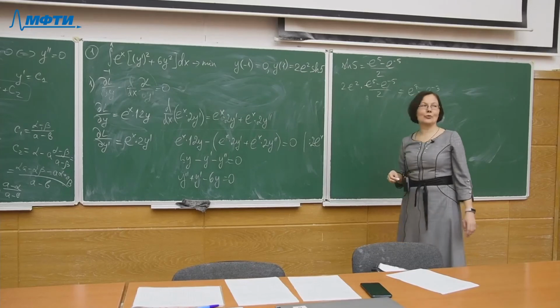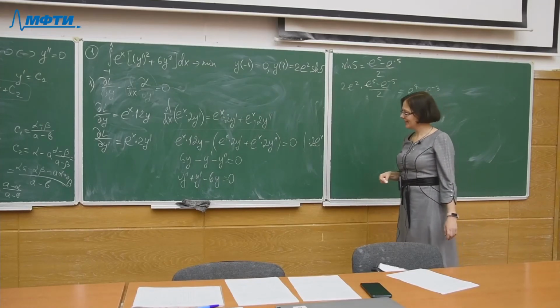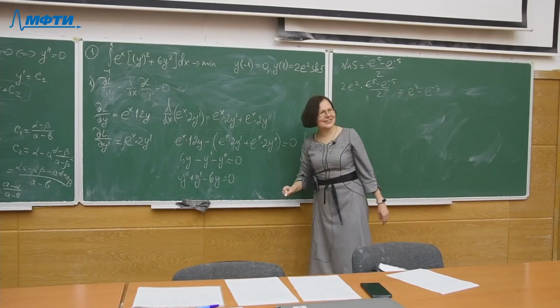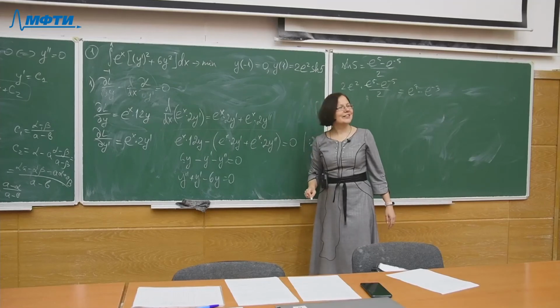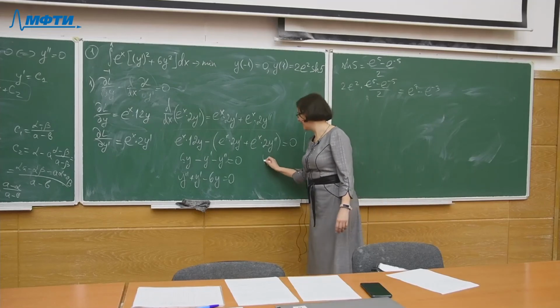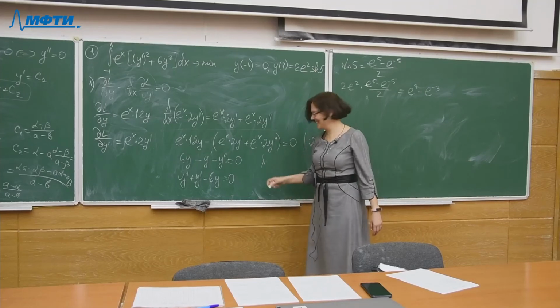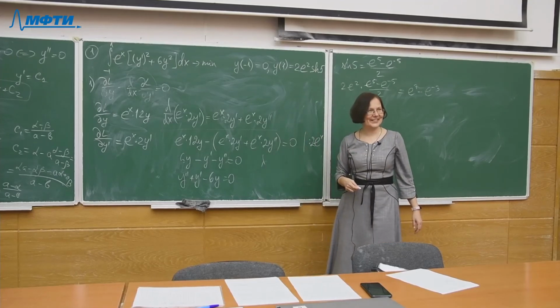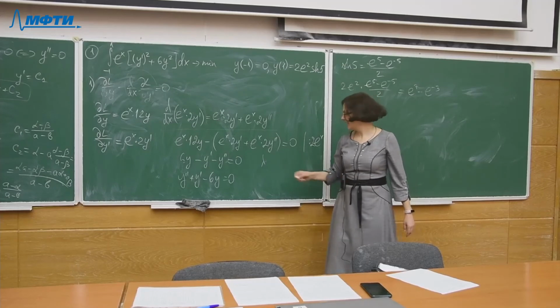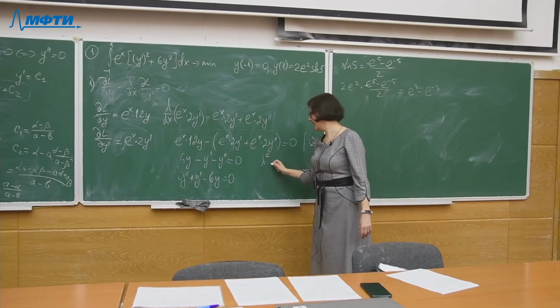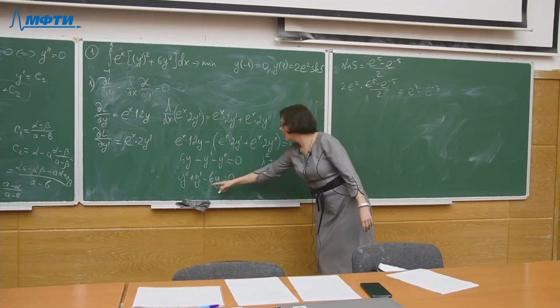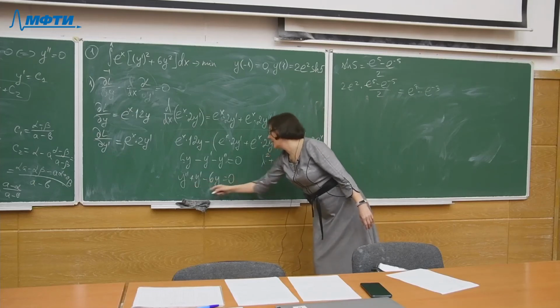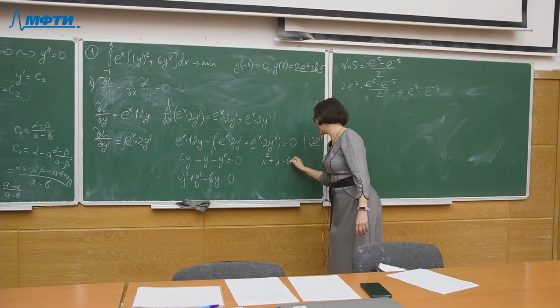How to solve it? The characteristic equation: lambda squared plus lambda minus 6 equals 0.